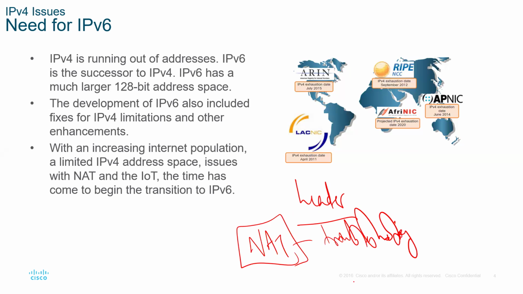That translation leads to some confusion. For example, if you want to troubleshoot, what are you exactly troubleshooting? The network that you are seeing from the public, or the host that you are seeing that actually has a problem from the private perspective. So with IPv6, we eliminate the need for NAT.